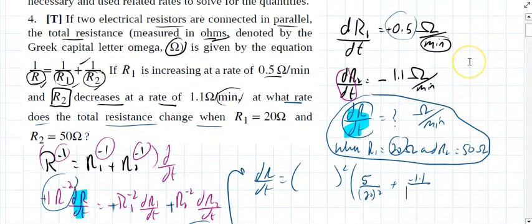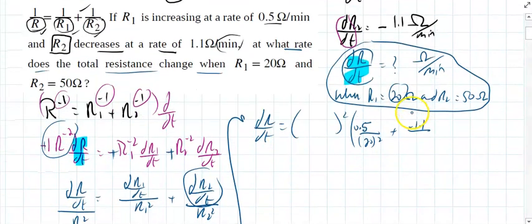That was a 0.5, not 1.5. There we go. Divided by R2 squared, and R2 is 50.